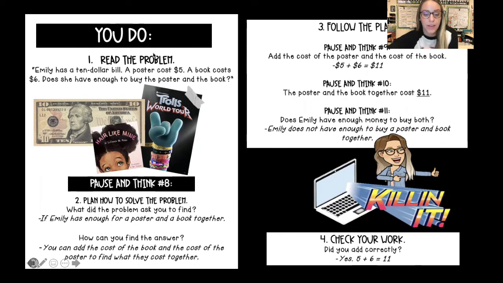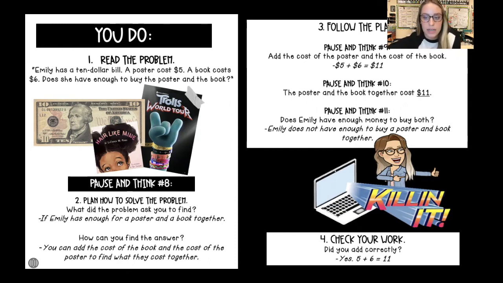We're going to move on to our 3rd step, which is following our plan that we set in step 2. So pause and think number 9 asks, add the cost of the poster and the cost of the book. So we went ahead and added $5 for the poster and $6 for the book, cost $11. So double check on your paper if you got $11 for pause and think number 9.